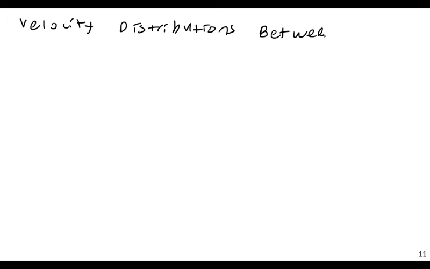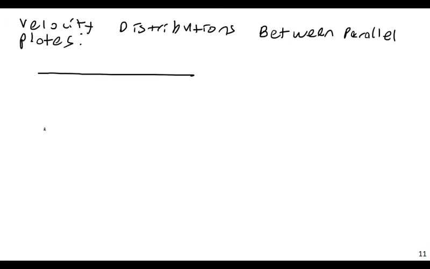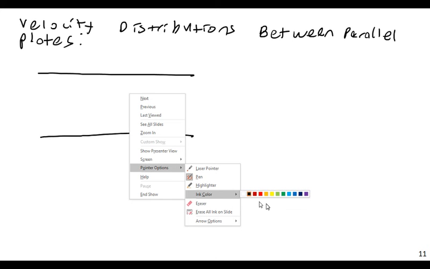Maybe I can draw this out a bit more over here. So, velocity distributions between parallel plates. You'd have to do a different derivation for a pipe. There you would have more of a cone type thing rather than a 2D thing. But if I look at between these parallel plates, I have my plates here, and all of this is occurring at a single x coordinate.